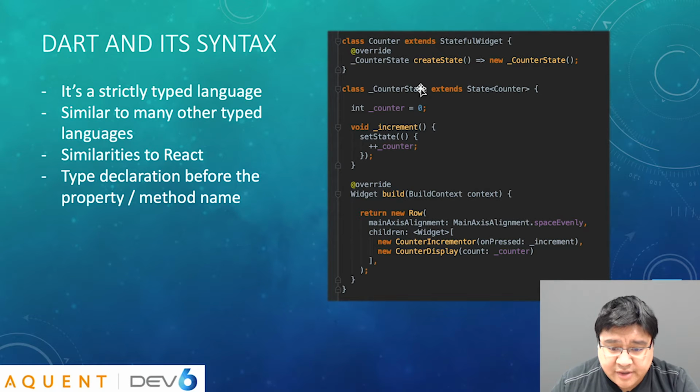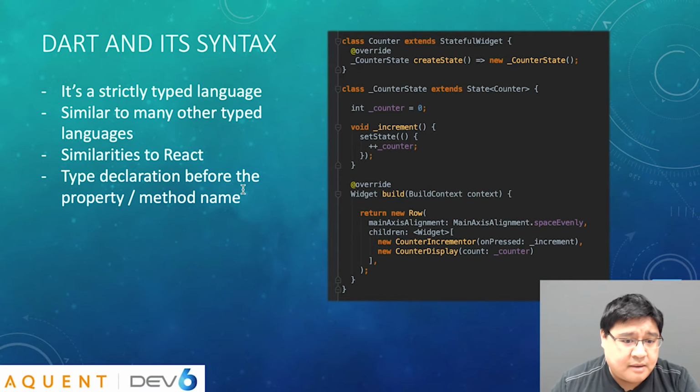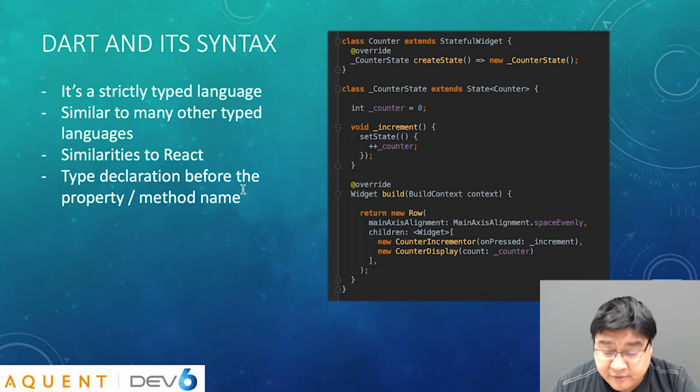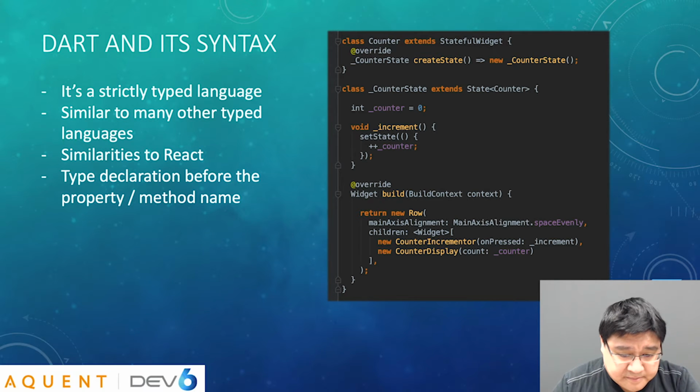But if you look at the structure here, it's very similar to other class-oriented programming languages. And the structure in terms of the layout is very similar to React. Flutter even got inspiration from React in terms of how to build the framework and the structures and the layouts.